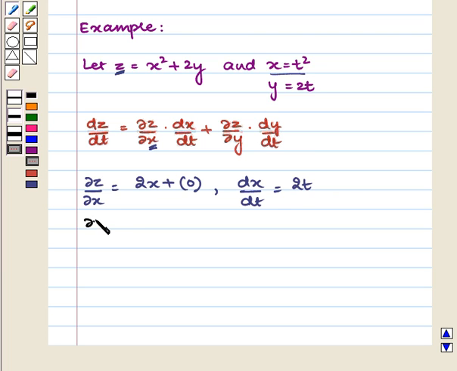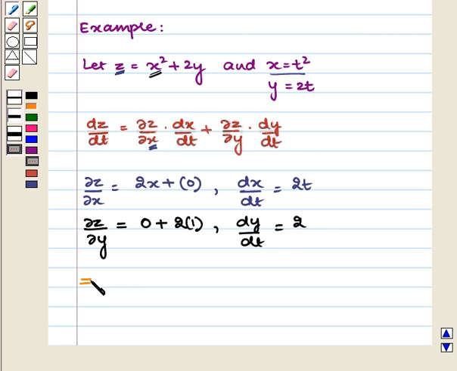Del z by del y, that is partial derivative of z with respect to y, will be equal to 0 as x is constant, plus 2 into 1 as the derivative of y is 1, and dy by dt is equal to 2.